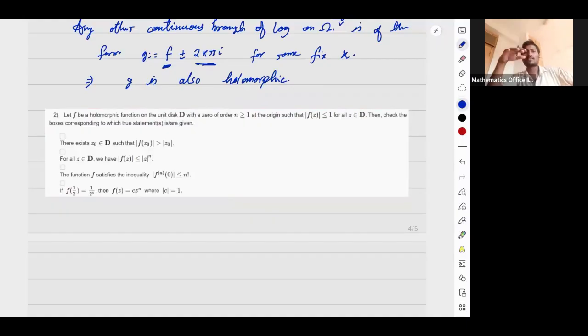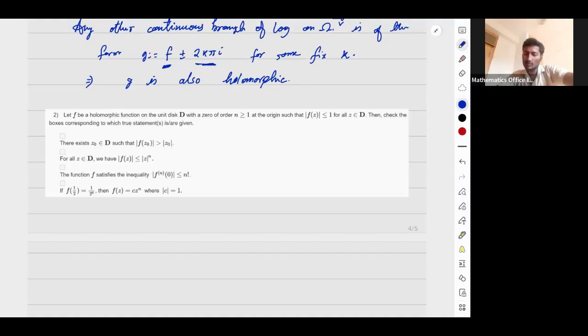This means it sends unit disk to unit disk closure. They're not talking about closed disk or open unit disk, but we are assuming that they are closed unit disk.